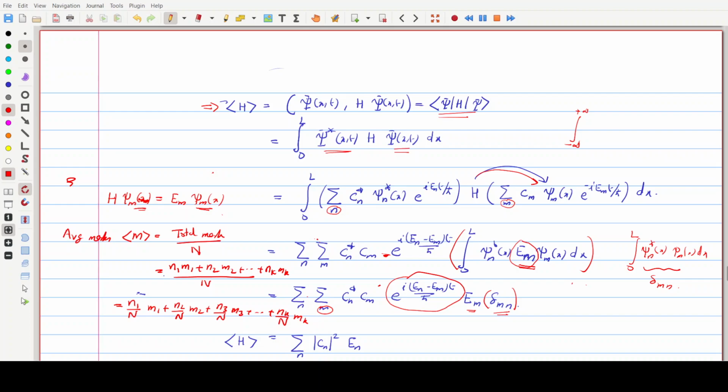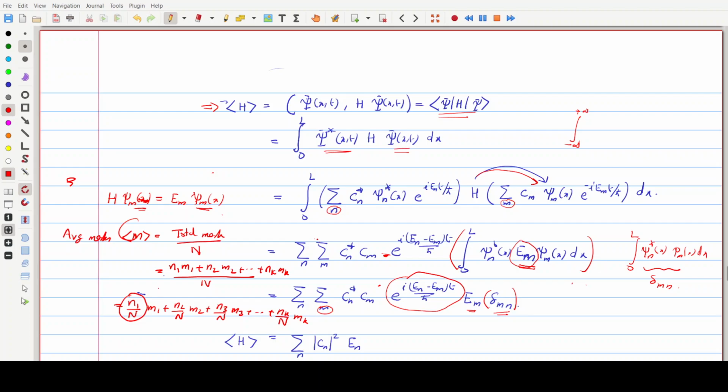So here N1 by capital N is the number of students who scored M1 marks divided by the total number of students. So actually that is the chance to get M1 marks for the students out of N students, or in other words, it is the probability to get M1 marks.